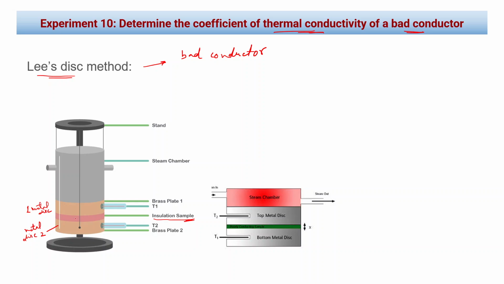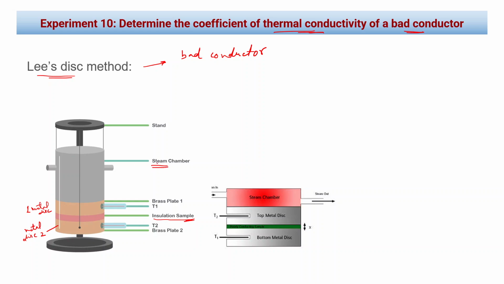These are mainly to create a temperature difference. In this downward disc we have kept one thermometer, and in the upward one also we are putting a thermometer to measure the temperature difference. Now how will we create the temperature difference? First both will be at room temperature, then on the top metal disc we'll keep another container in which we'll supply steam.